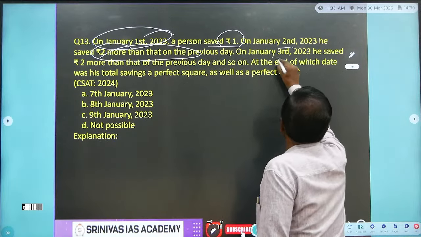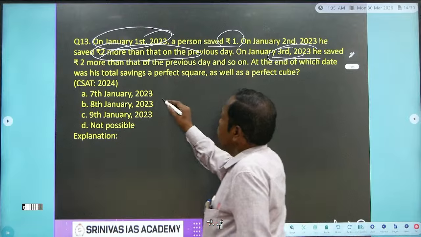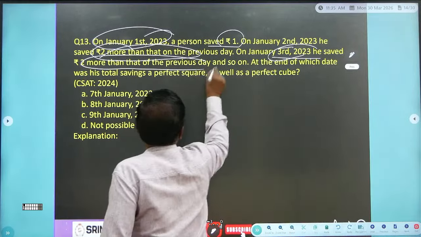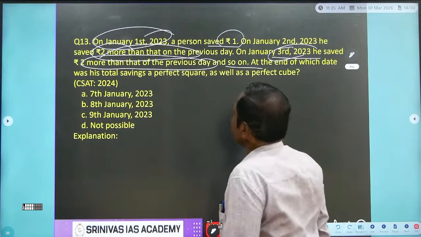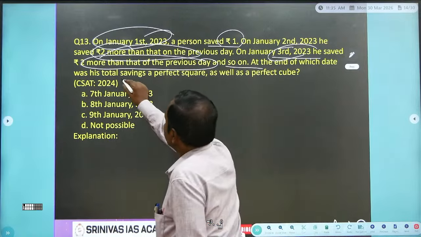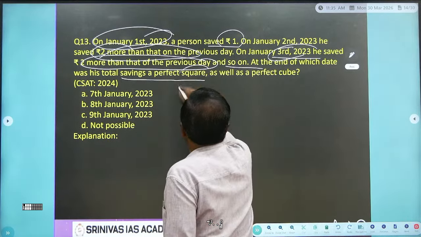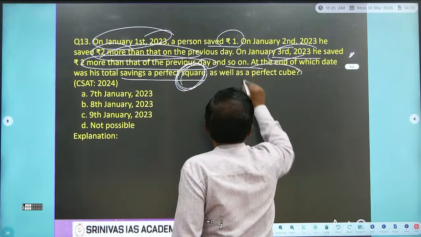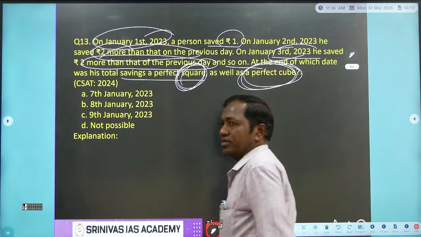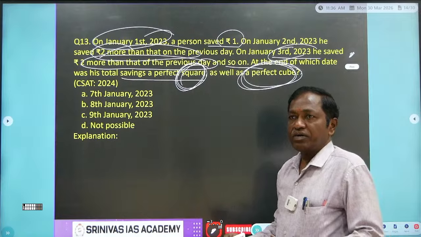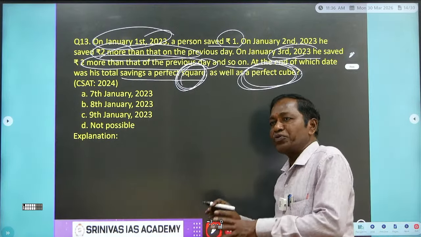On January 3rd, he saved ₹2 more than the previous day, and so on. At the end of which date is his total savings a perfect square as well as a perfect cube?